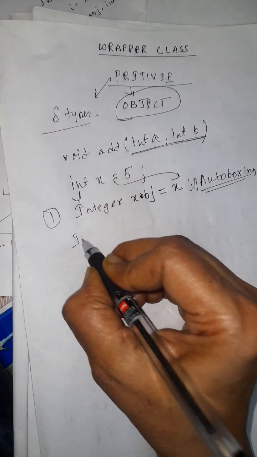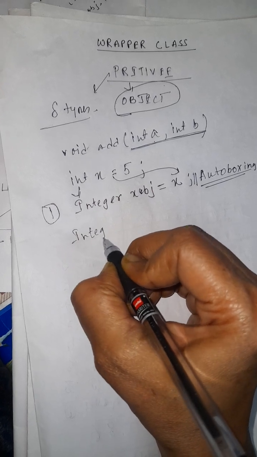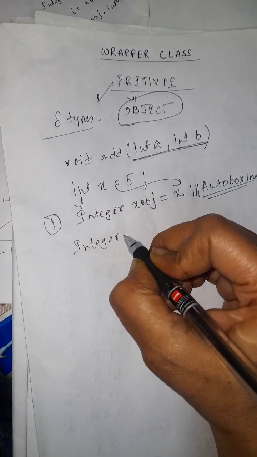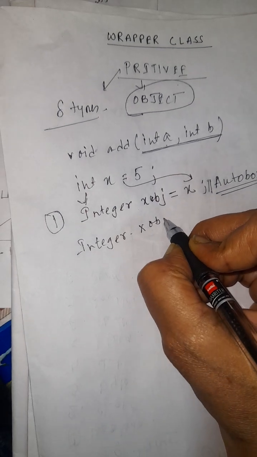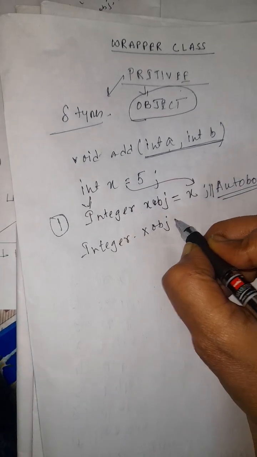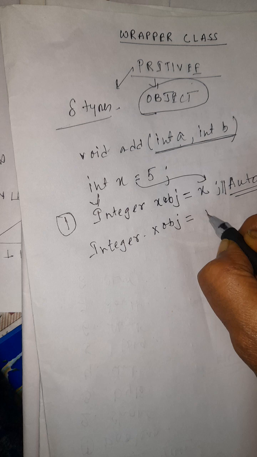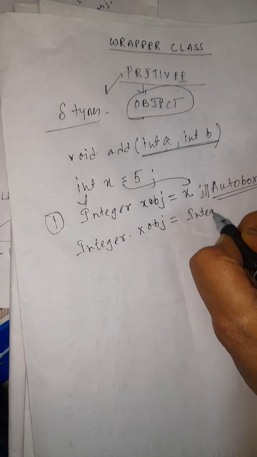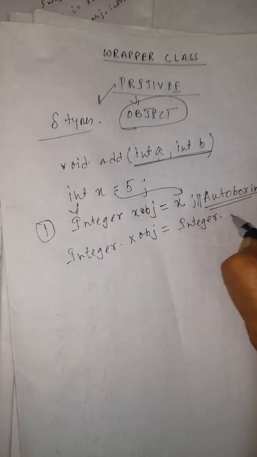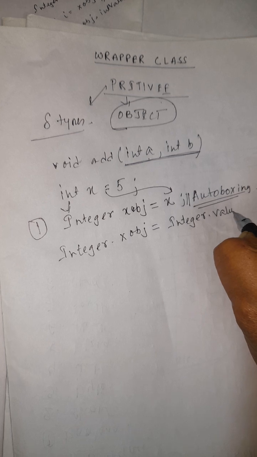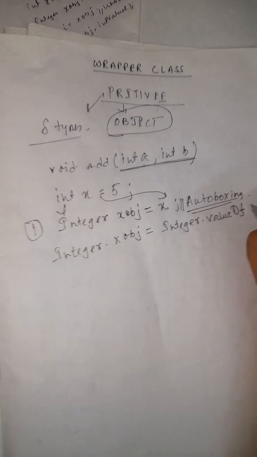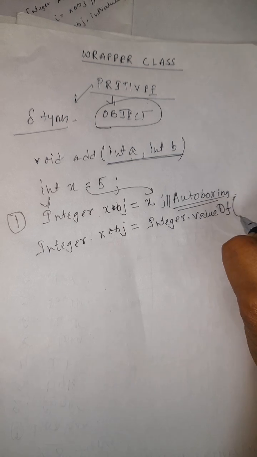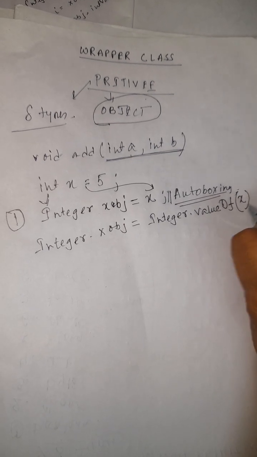One more procedure is there. Integer, maybe xobj equal to Integer. This one is the class, this one is the method, valueOf, and this is a normal variable, that one is x.